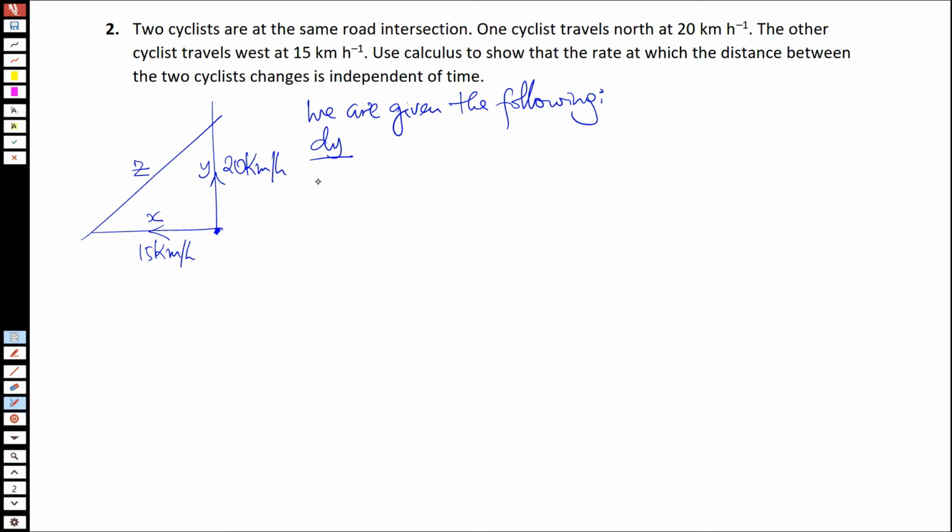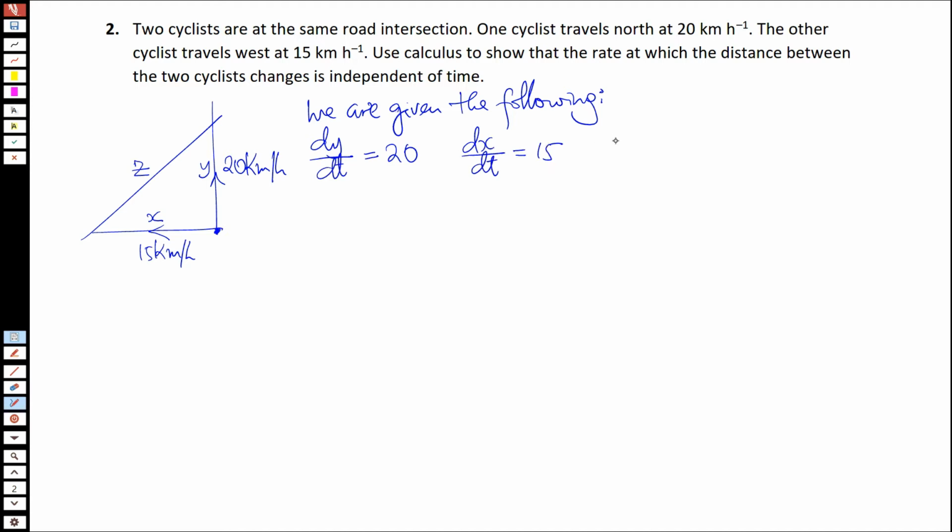That can be expressed as dy over dt, which is 20. And the second cyclist is traveling west, and that will be dx over dt, which is equal to 15.